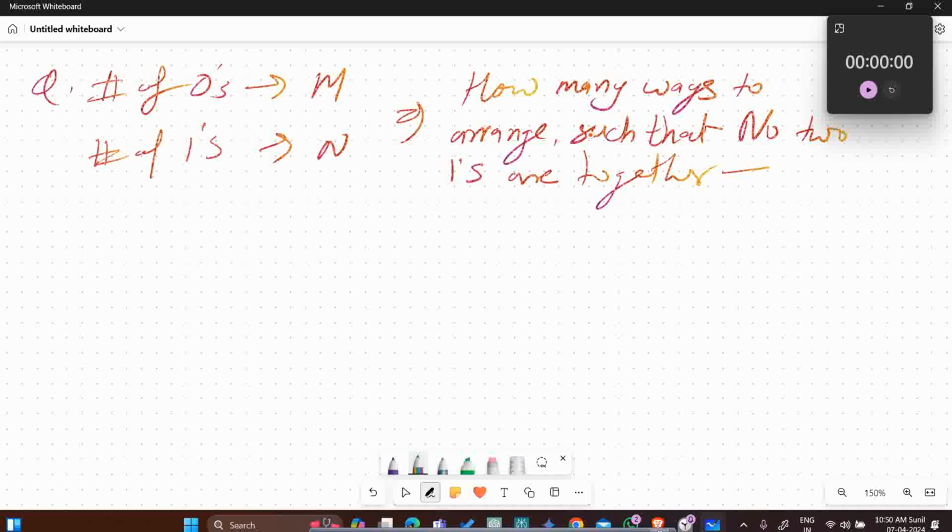How many zeros do we have? One, two, three, four, let's say m. And ones we have n. So how many places do we have? M plus one places for n ones.